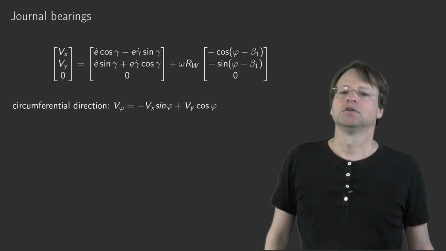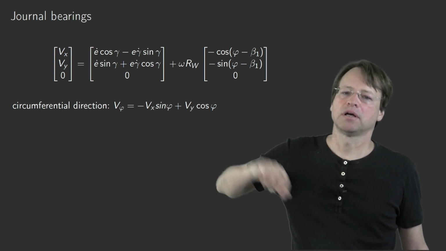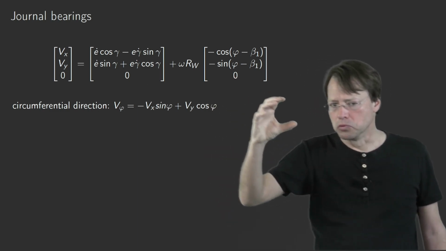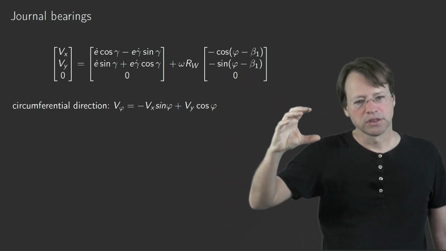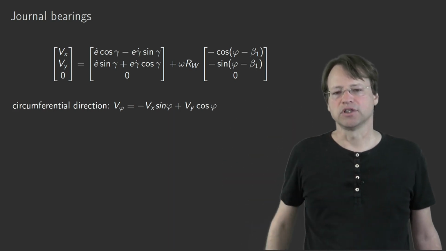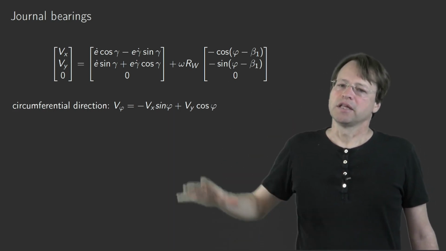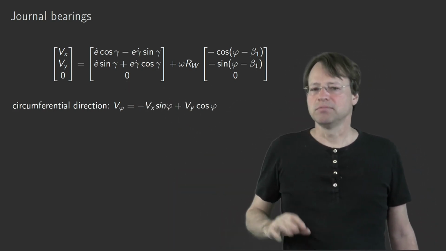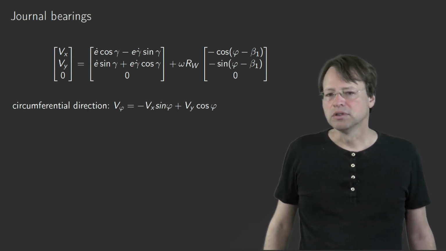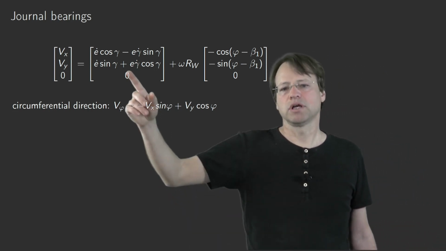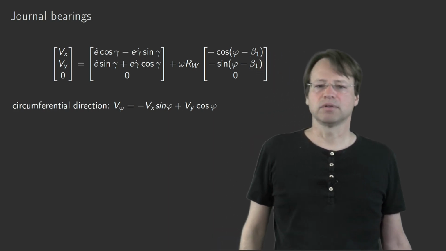Why? Well, the translatoric part stems from the movement of the center of the shaft, that rigid body motion. That might be there, but it's limited. It's limited in this amount because you cannot move much with that E, for example.